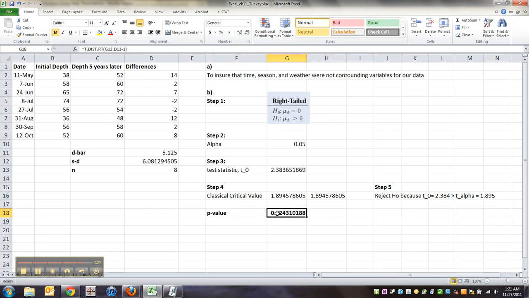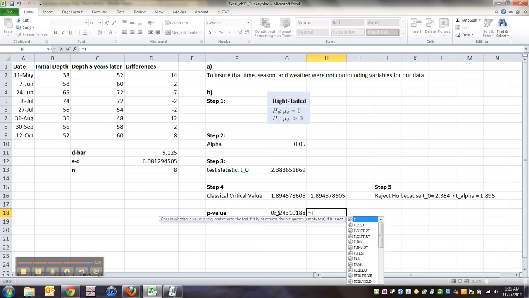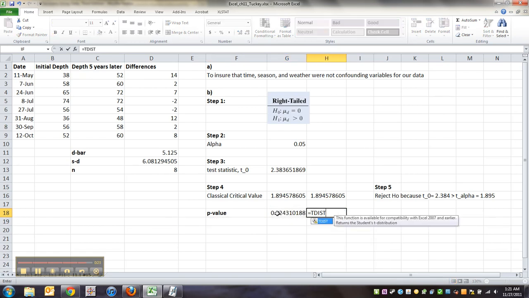Now, old school Excel, it's going to be equal to T dist. And you say 2.3 blah, blah, blah, degrees of freedom, 8 minus 1, comma, one-tailed. There we go. We've got it. All right, so I'll meet you back here to finish this problem out, and we'll be all done.